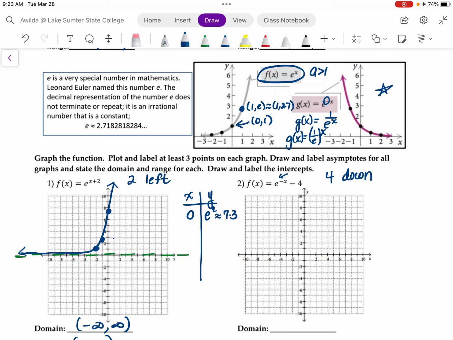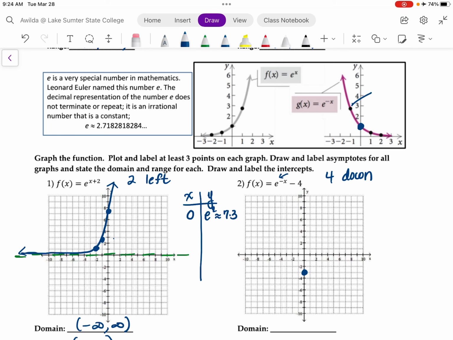So let's look at the original graph, and I'm going to erase a couple of things here just to make it a little bit less cluttered. So now we're looking at the second graph that's decreasing. We still had 0, 1 as the y-intercept. So we're going to shift that 4 units down, which will put us right here at 0, -3.